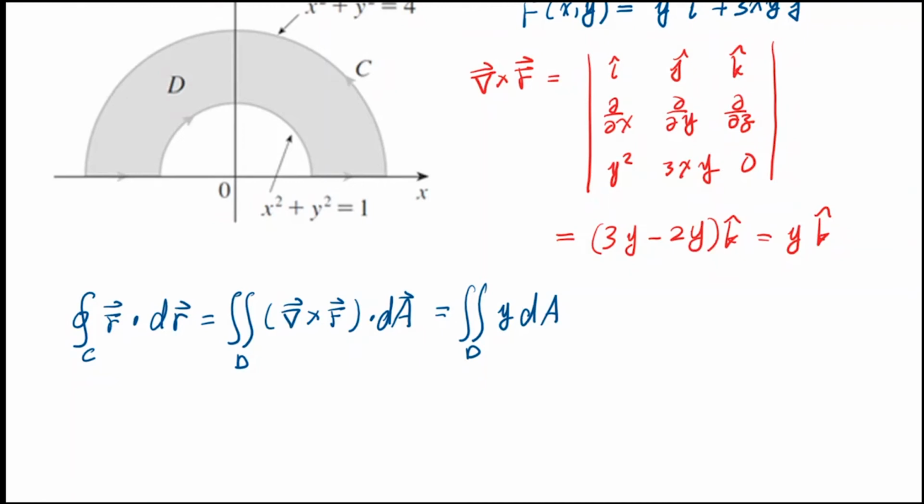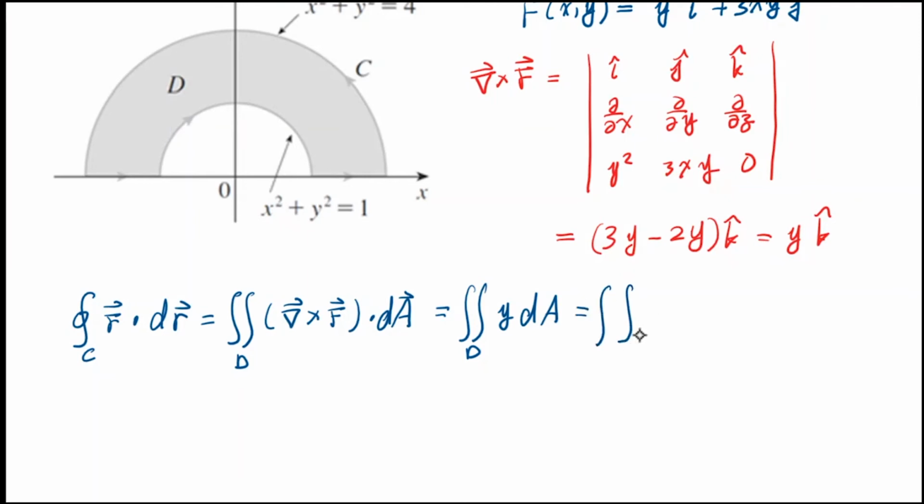Yeah, but this is an ugly region, isn't it? Any suggestion? How are you going to do a double integral over that kind of region? Polar. Of course we go polar. So let's go polar.